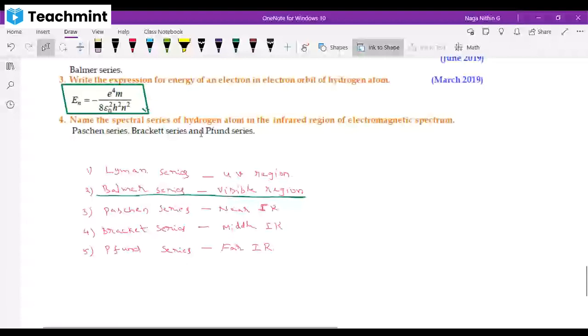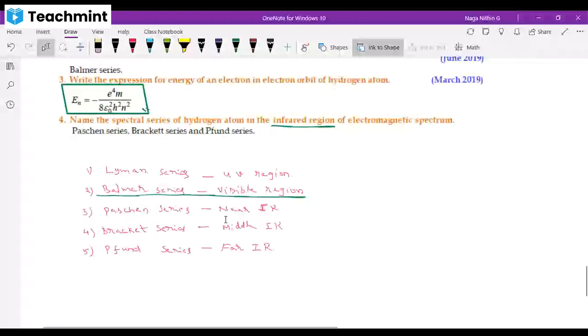Paschen will be near infrared, Brackett will be middle infrared, Pfund will be far infrared. So all these are lying in the infrared regions. Only two series are not: ultraviolet, Lyman, and visible, Balmer. The remaining three will be infrared.